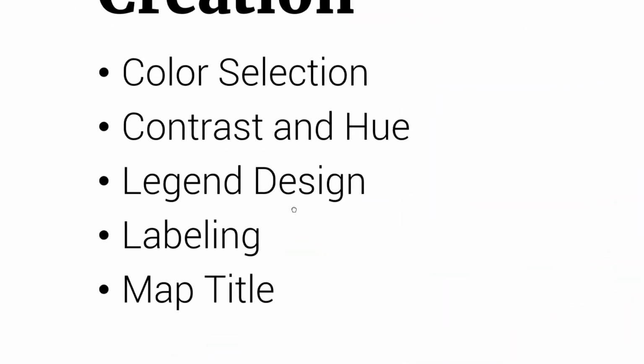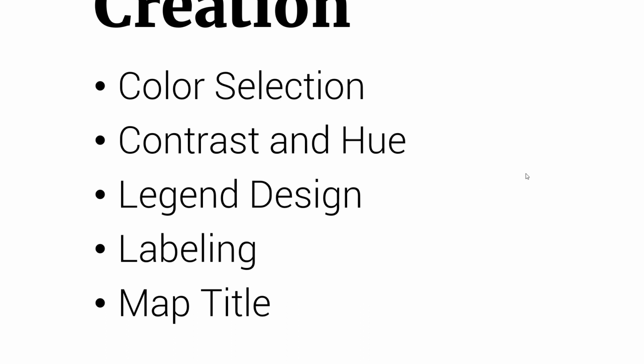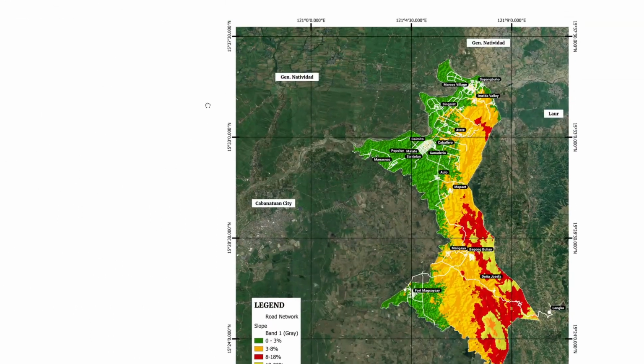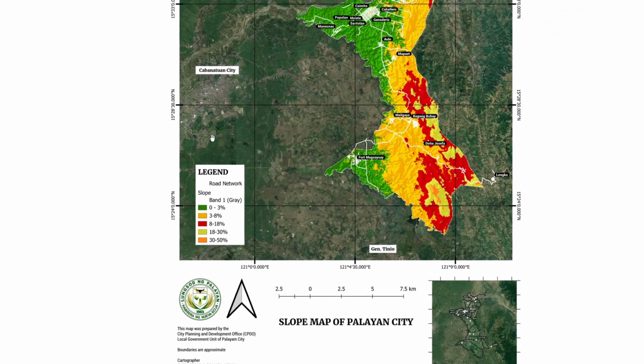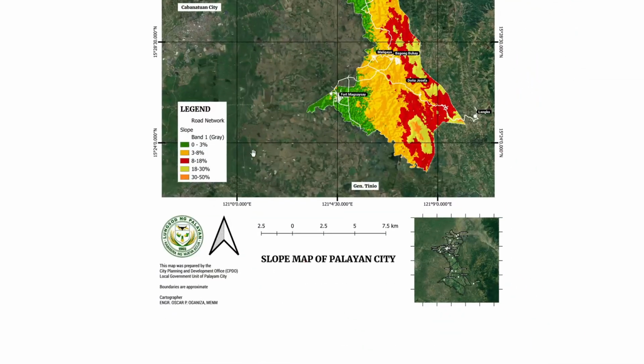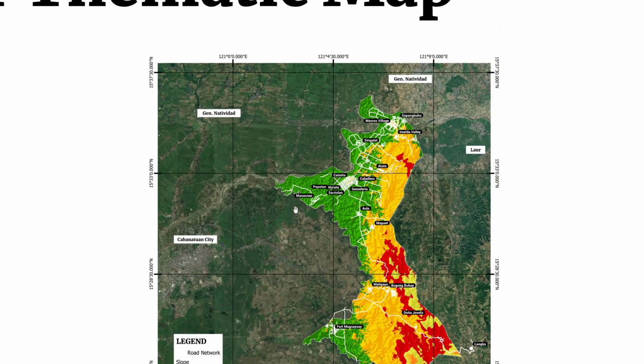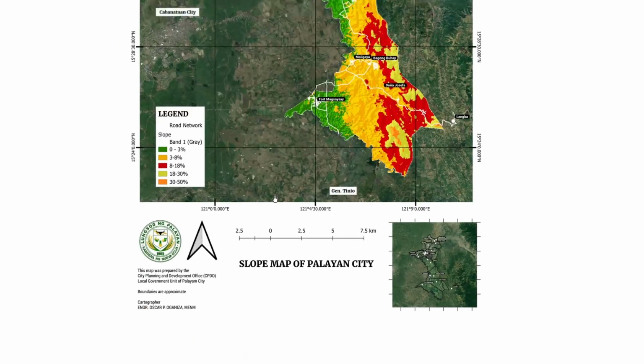The fourth one is labeling. When we say labeling, label map features appropriately to provide context and aid interpretation, avoiding clutter and overlap. So, again, meron tayong mga labels dyan. Sa bottom, sa south, sa west is Cabanatuan, sa north is Natividad, and sa east ay Laur.